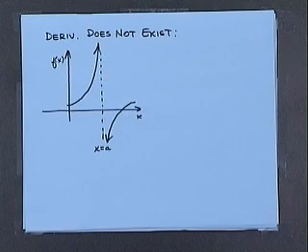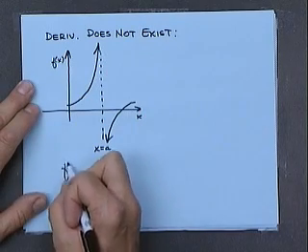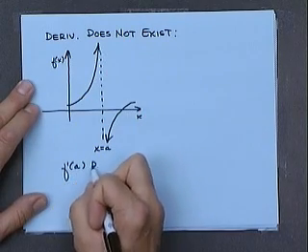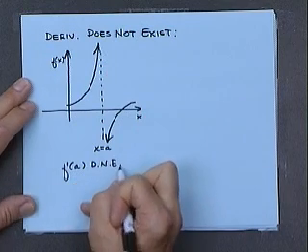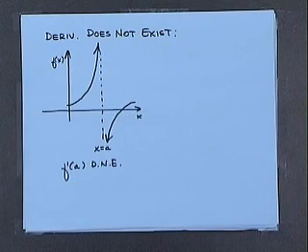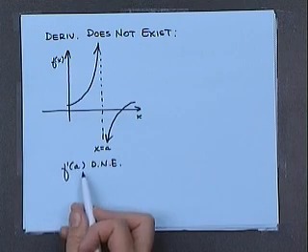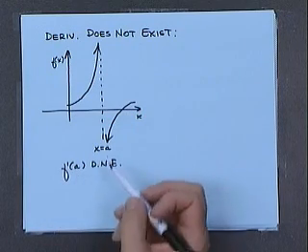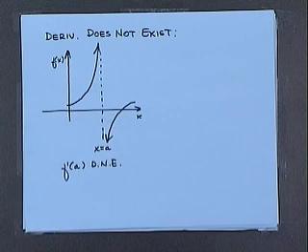And the derivative does not exist at x equals a. In fact, the original function does not exist there. If you don't have a point there, then you're going to have a hard time talking about the slope of the tangent there. So the first derivative at a does not exist because there's a vertical asymptote.